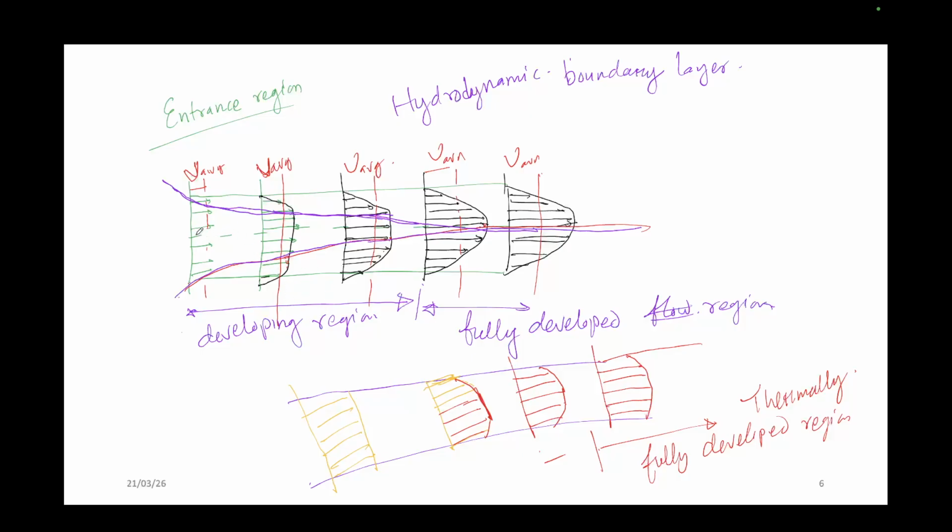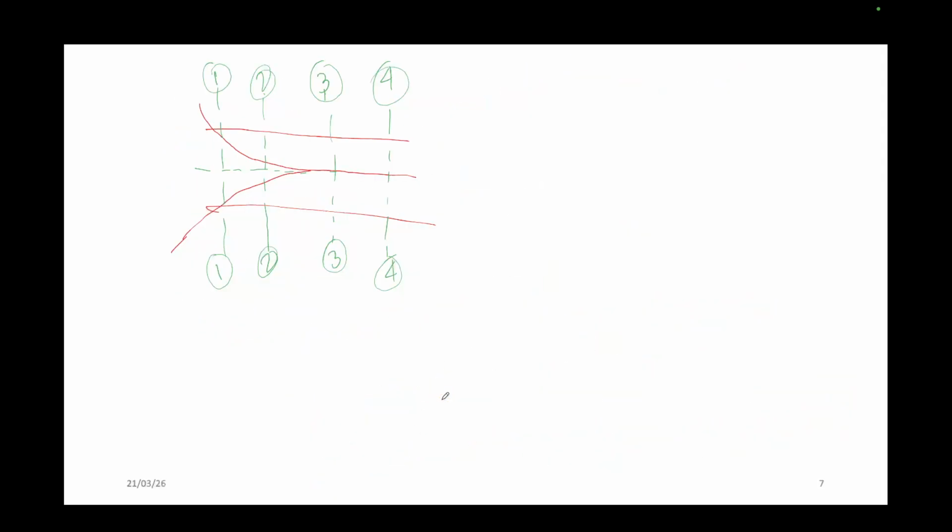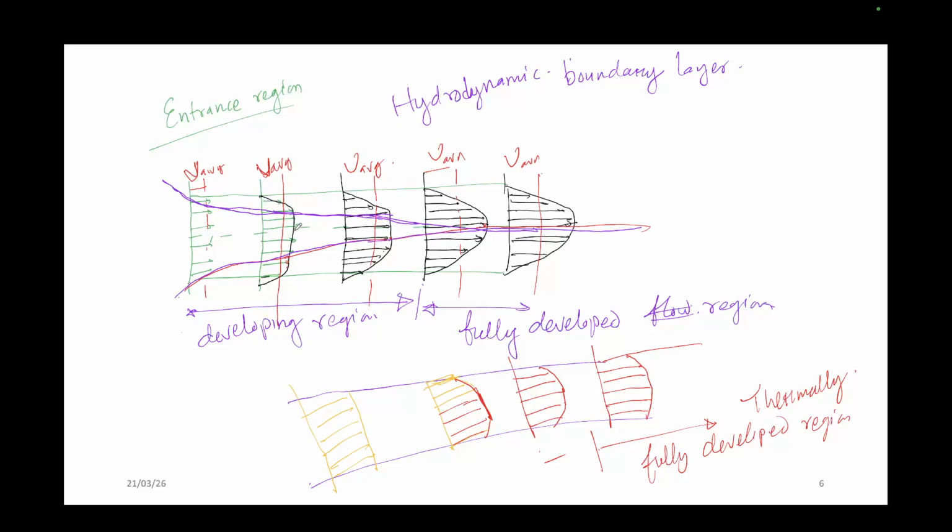Look into this: here the change is quite less and it is uniform. The central velocity you reach here and the velocity you reach here will be more.